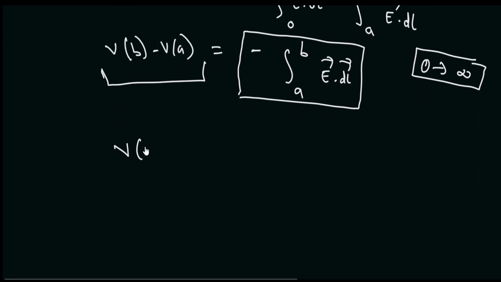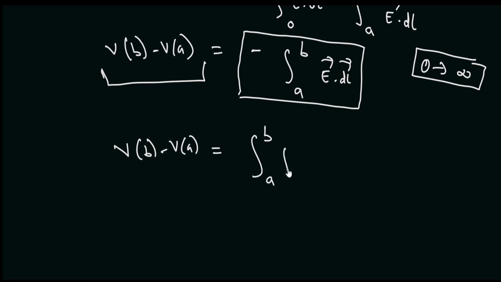Now, another way we can write VB minus VA is by using the fundamental theorem of gradients, which says that as we go from A to B, we can write this as the integral of the gradient of the potential dot dl. This is the fundamental theorem of gradients. Now we can combine these two things.